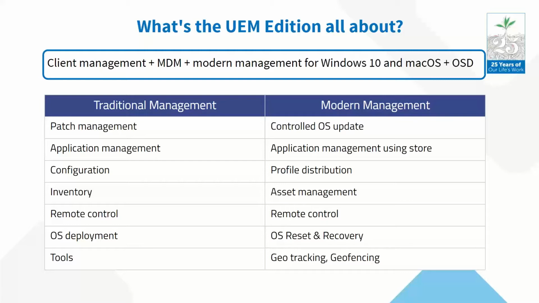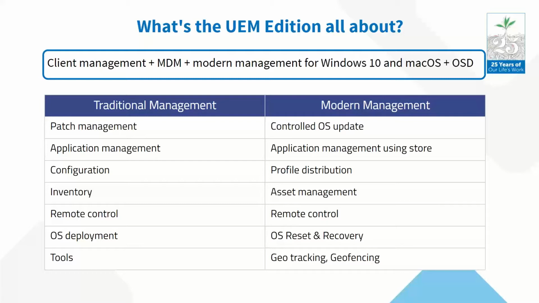Windows 10 and Mac OS have that capability at this moment, and we are also catering to that. Plus, imaging and OS deployment solutions are also catered for. So all these features together, from traditional management to modern management, are under the same roof. That's what unified endpoint management is all about.